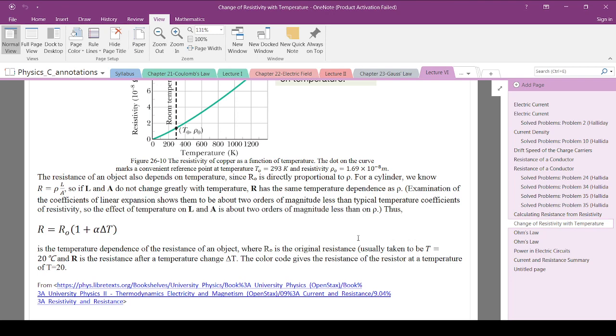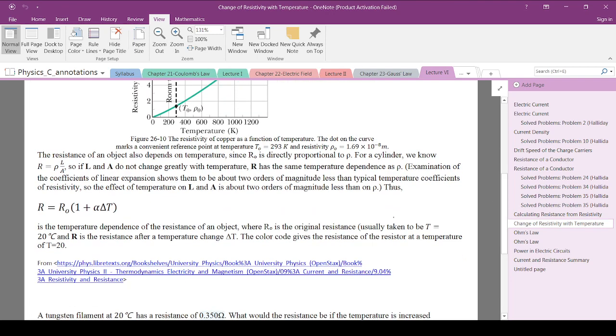And we know for very long that, of course, within certain limits, this increase or decrease in resistance depends on the temperature.